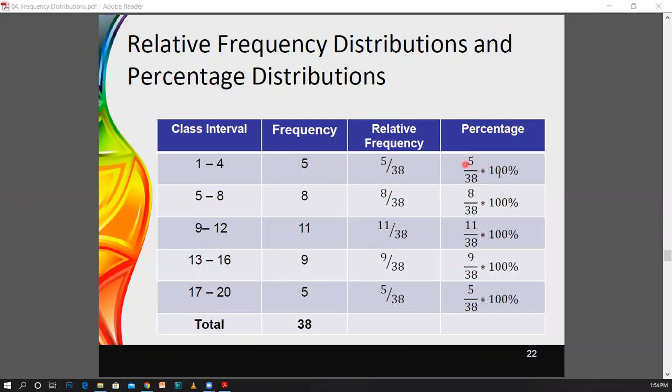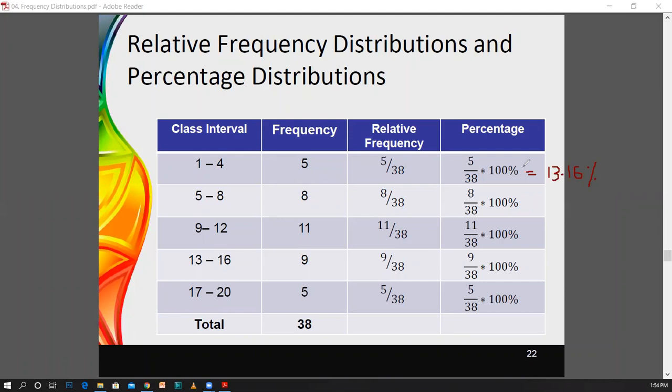You can do the calculation and write it as a decimal value. As an example, here we need 5 divided by 38, multiplied by 100%. Rather than just writing it like this, it could be better if we include the value. The value is 13.16. Therefore, the percentage value is 13.16.